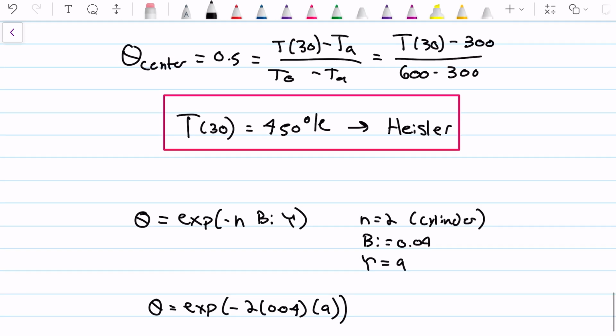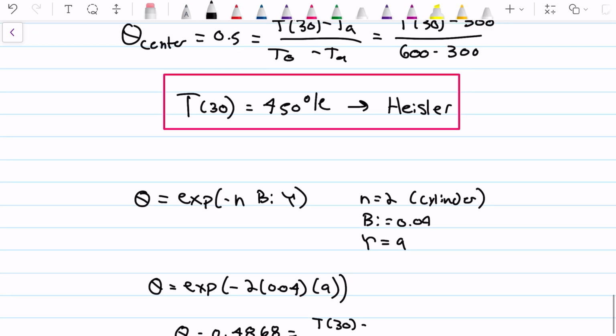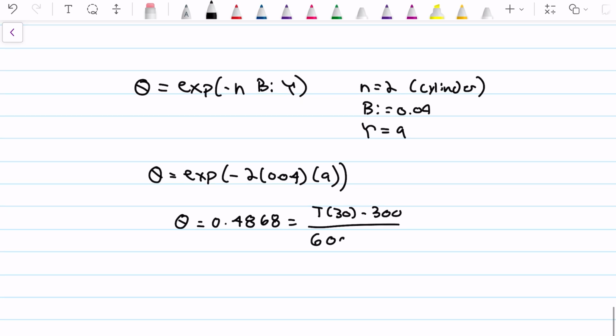Our dimensionless temperature is defined the same way: T of 30 minus 300 all over 600 minus 300. So same as before, we take that 0.4868, times it by 300, add 300, and we get a T after 30 seconds of 446 degrees Kelvin.